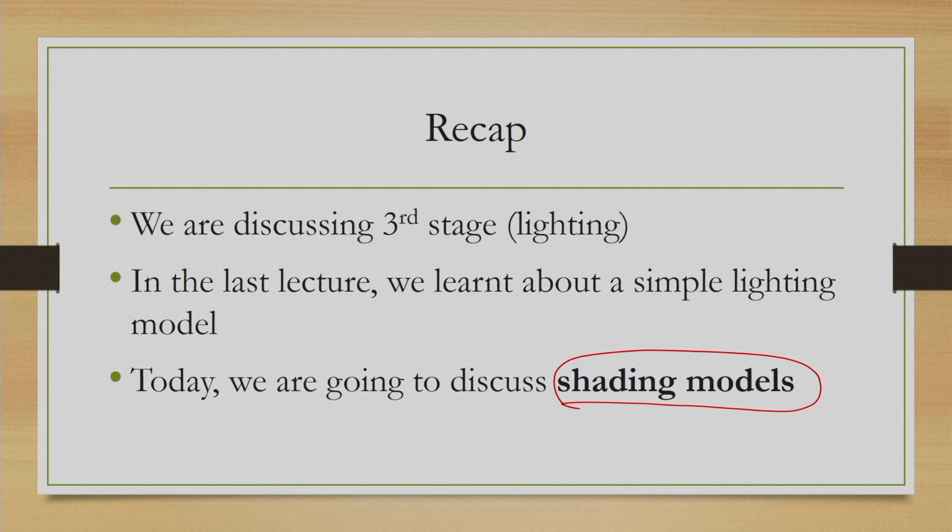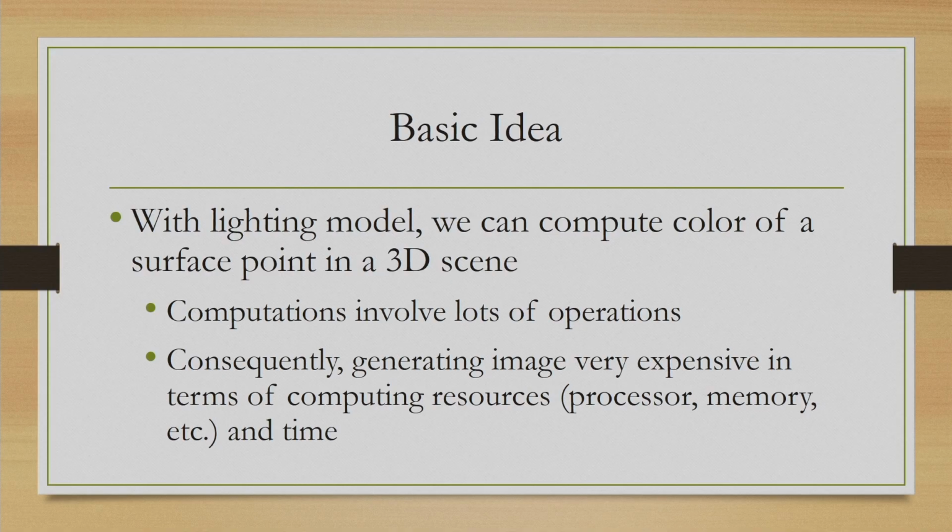Now, as we have seen during the simple lighting model discussion, the model itself is computation intensive. So, the calculation of color at a surface point in a 3D scene involves lots of operations.